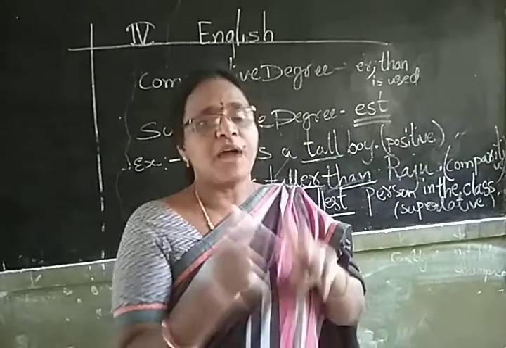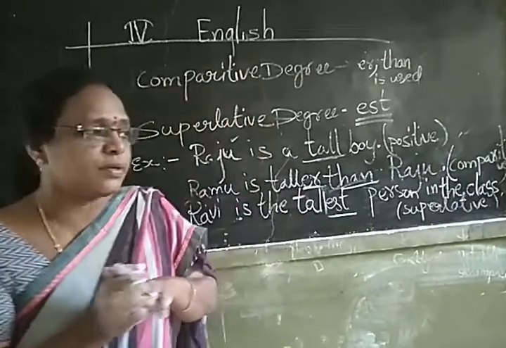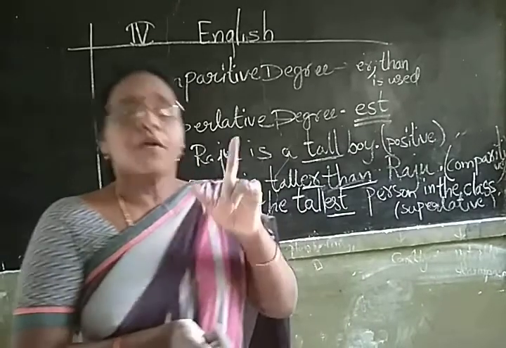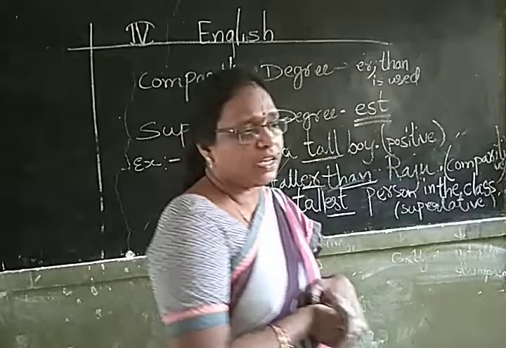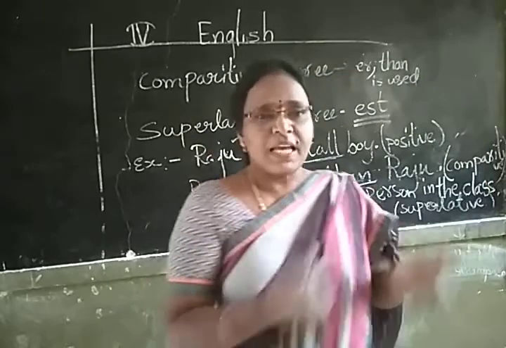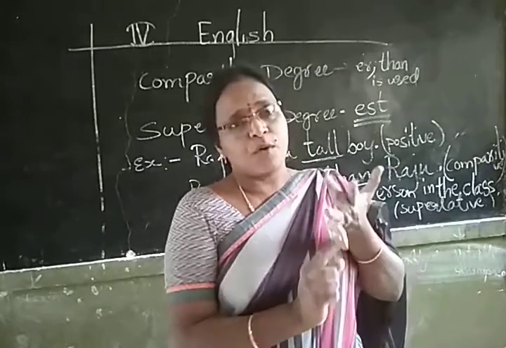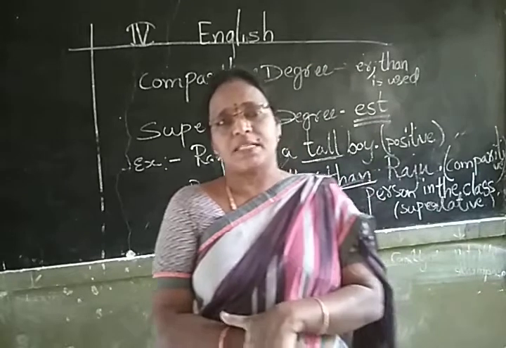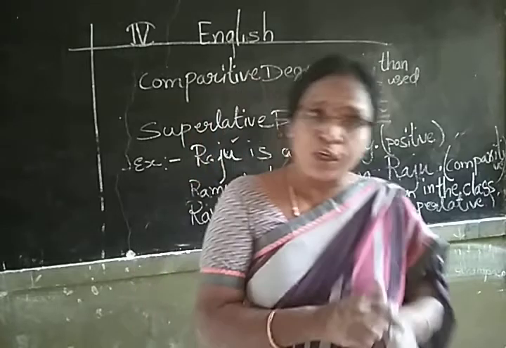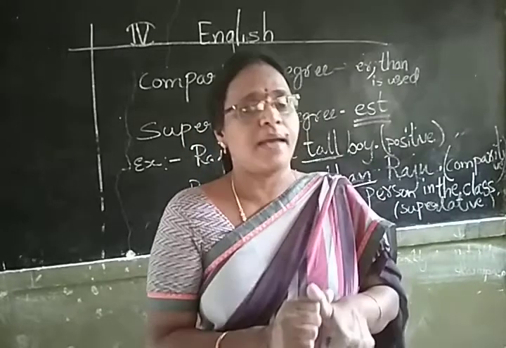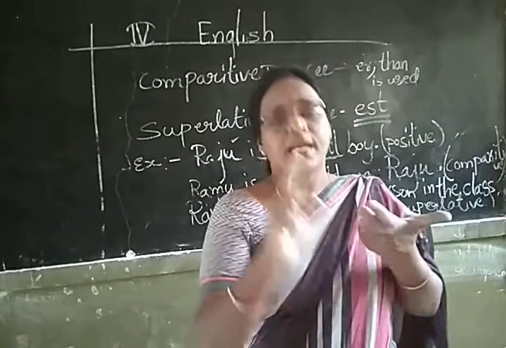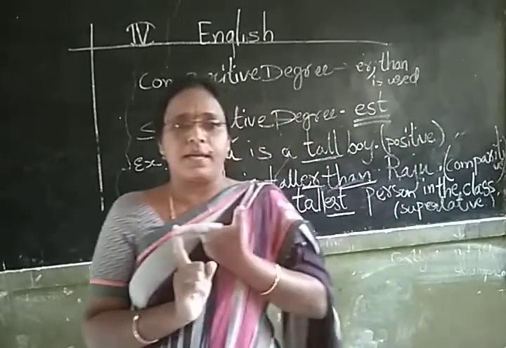In the positive degree, we are going to talk about only one person. Whereas in the comparative degree, we are going to talk about 2 persons, and we are going to use er and than.